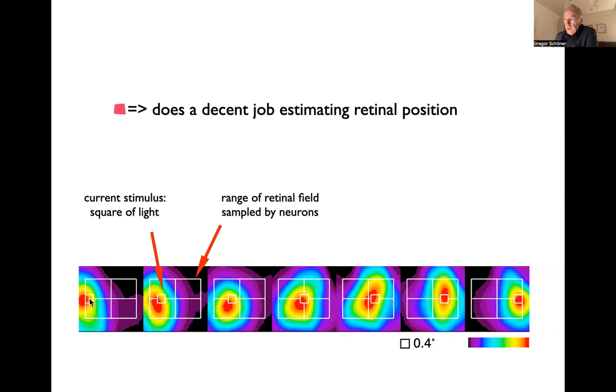These are these 8 different positions of the square of light, and you see the population here in color code, constructed by superposing the receptive fields, each weighted with the current firing. Then you see that this tracks the stimulus position reasonably well along the horizontal in particular.